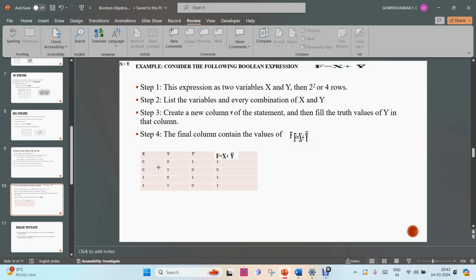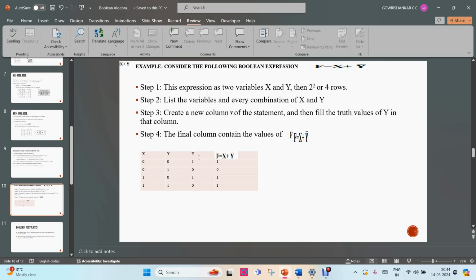For x and y, we write the possibilities in order: x is 0 0 1 1, and y is 0 1 0 1. To remember this, for two variables the combinations are 00, 01, 10, 11.